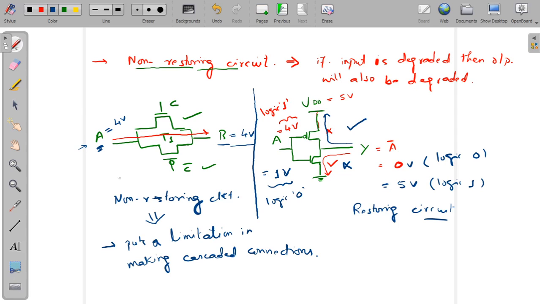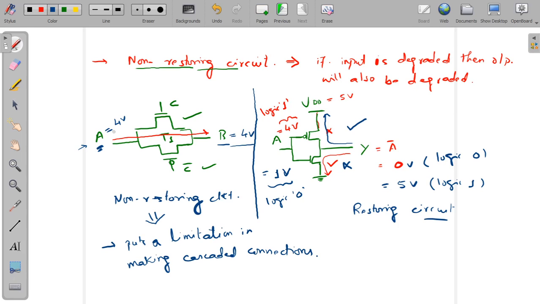So what is the point here? That transmission gate is better as compared to pass transistor logic in terms of its operation, but there is still a certain uncertainty that we cannot use this in making a long series connection. So although it makes some improvement over pass transistor, there is still some limitation which cannot be overcome here.